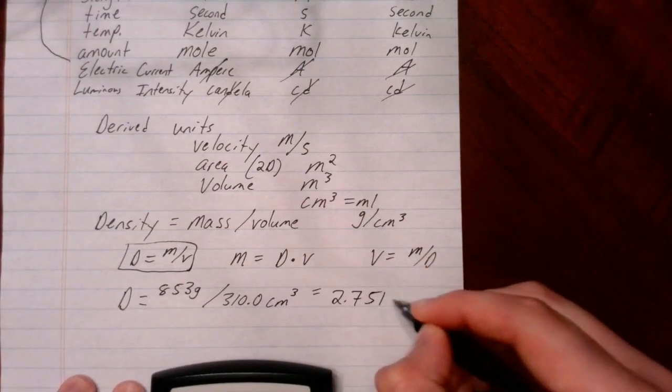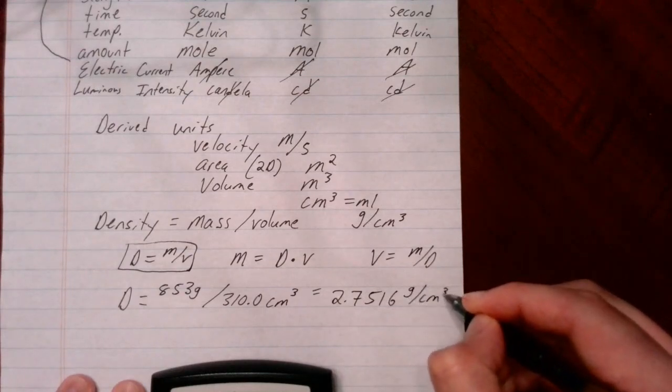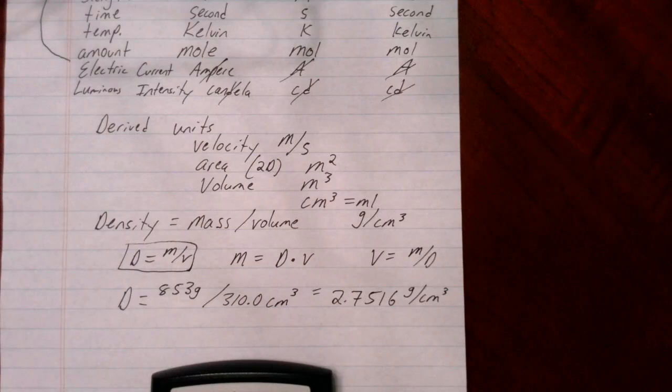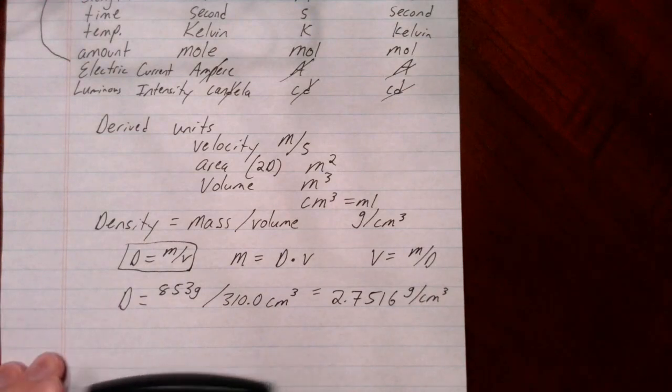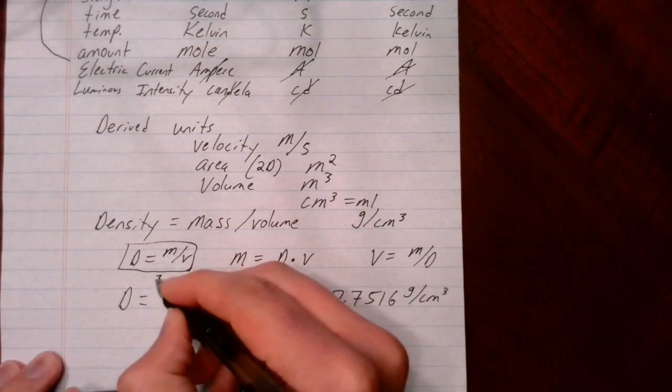So hopefully there should be no question now about how do I round this. We know for all the rounding rules in chemistry, we look at the number of significant digits if it was a multiplication or division problem, which in this case it was division. So I go back to the problem. 853 grams has 3 significant digits. 310.0 centimeters cubed has 4 significant digits.